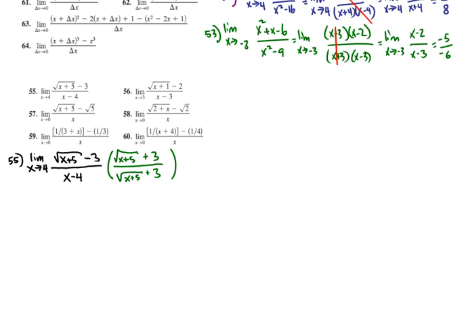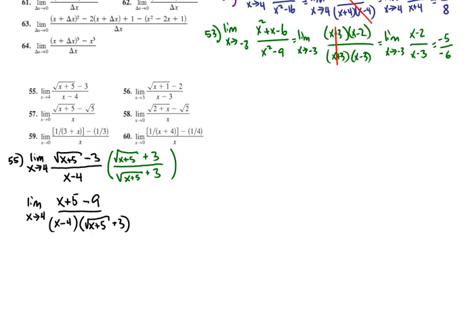Now to evaluate this, the numerator is a difference of two squares, so we're just going to square the first term minus square the second term. So we have the limit as x approaches 4 of x plus 5 minus 9 over x minus 4, and then times the quantity square root of x plus 5 plus 3. Now when we simplify the numerator, first of all, you don't want to multiply out the denominator.